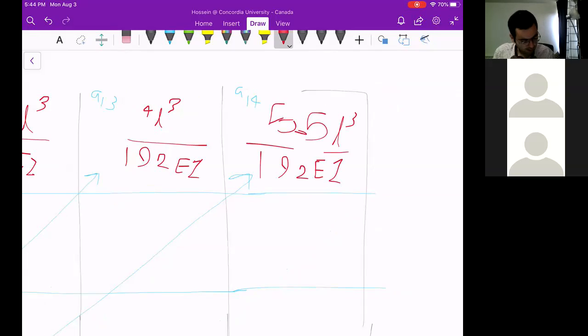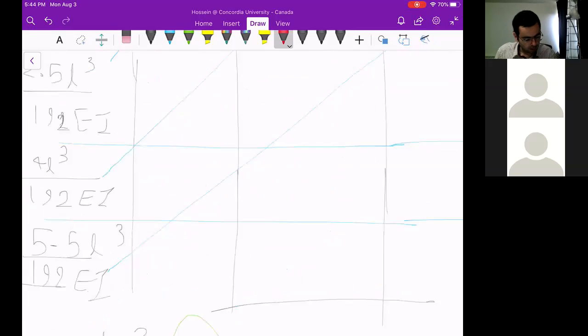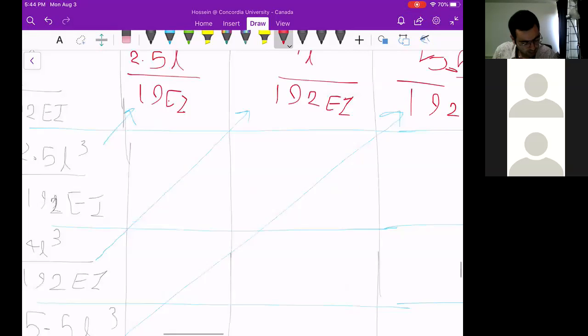Okay, the next step is obtaining A22. At each column, we will start from A11, A22, A33, A44. The second column, we have to start from A22. The third, A33, the last, A44.